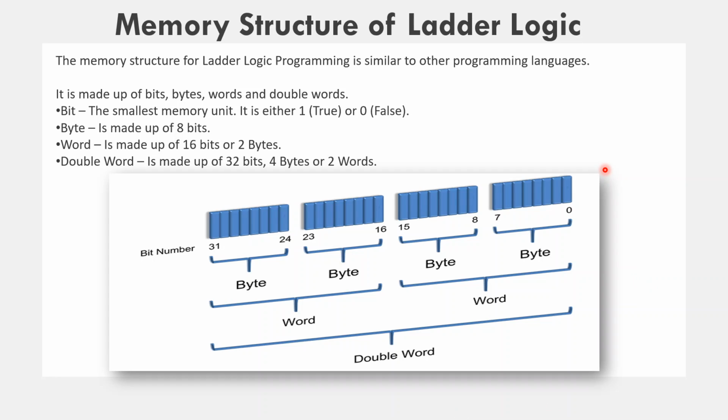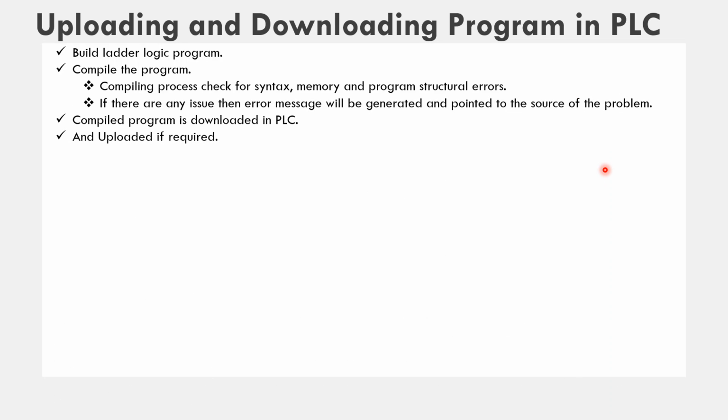Now next is how to upload and download the program in the PLC. To upload and download the program in the PLC, we have to follow some rules and some steps. The first is to build the ladder logic diagram, then compile the program. The compiling process checks for syntax, memory, and program structural errors.